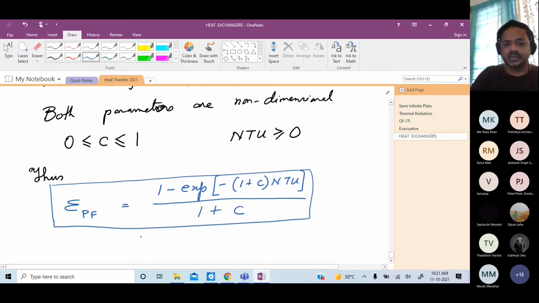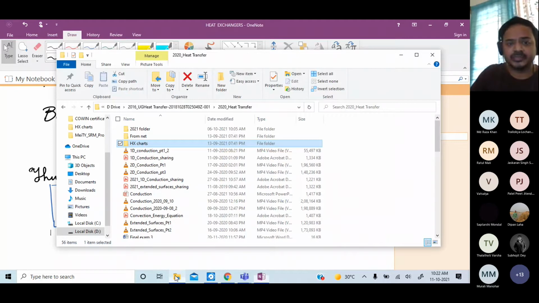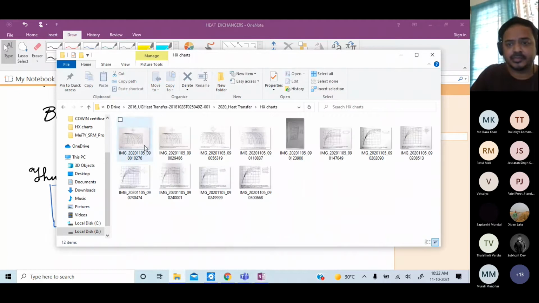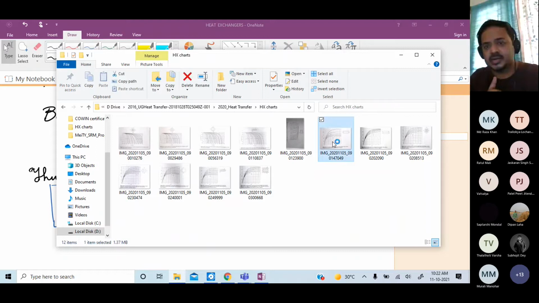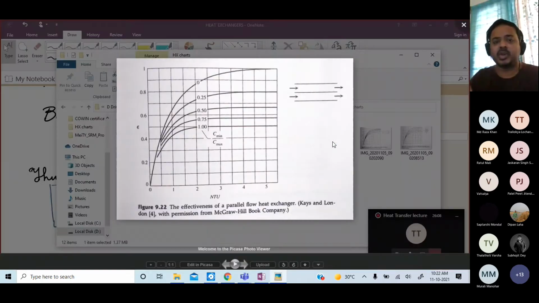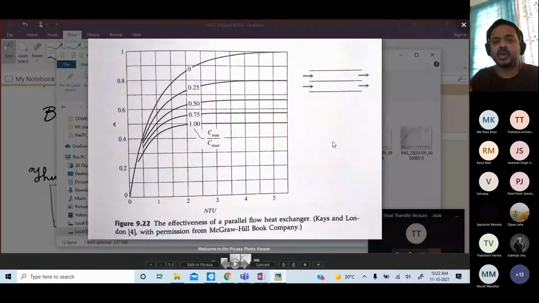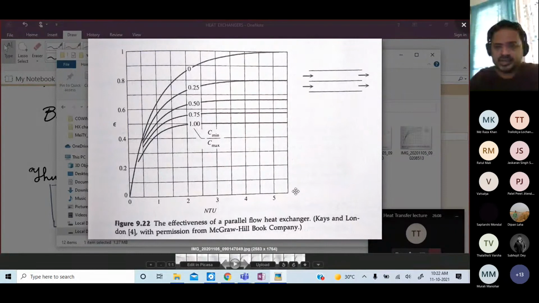Clear? So now, as I was telling you last time, this expression people have plotted. You can plot effectiveness over NTU. This is parallel flow, right? If Cmin over Cmax, so this is my heat capacity ratio, capital C. If you know the NTU and the Cmin over Cmax, you can find out effectiveness, or vice versa.